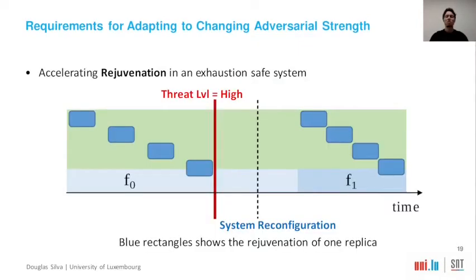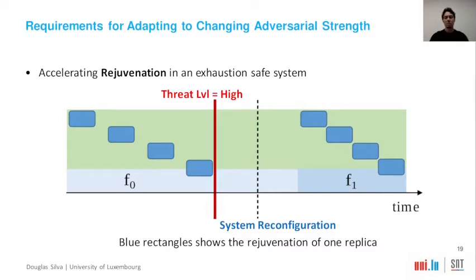Now let me explain the first of the two mechanisms that we came up with to use in the threat adaptive protocol. The first of them is to accelerate the rejuvenation period in an exhaustion safe system. An exhaustion safe system is a system that will never have its resources exhausted.